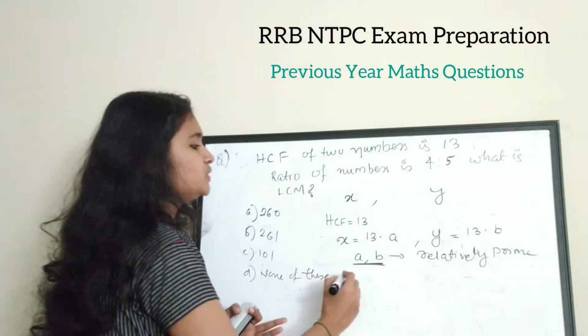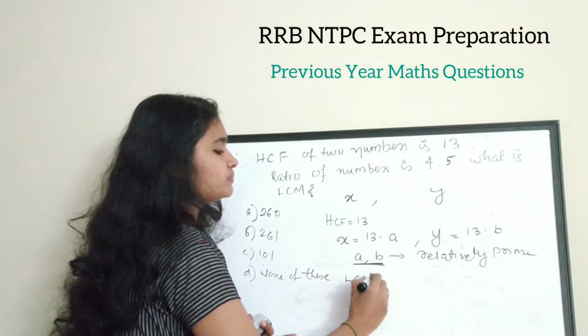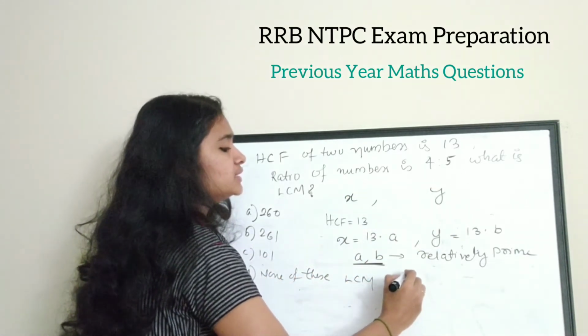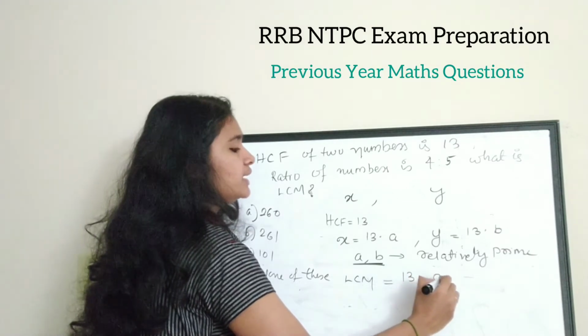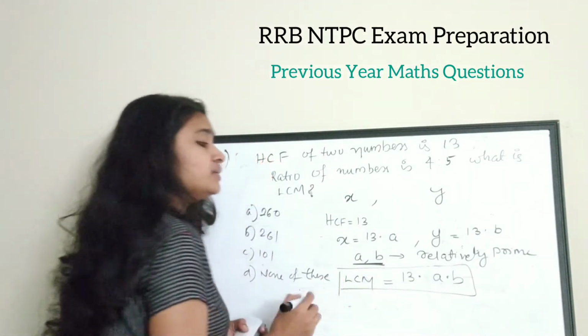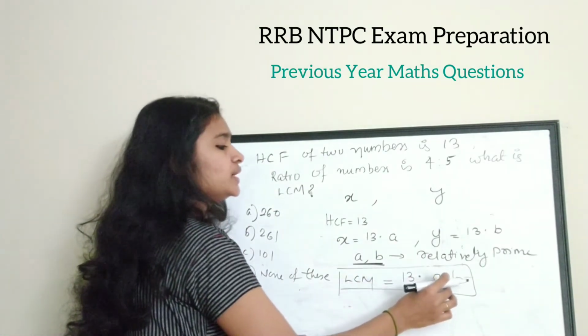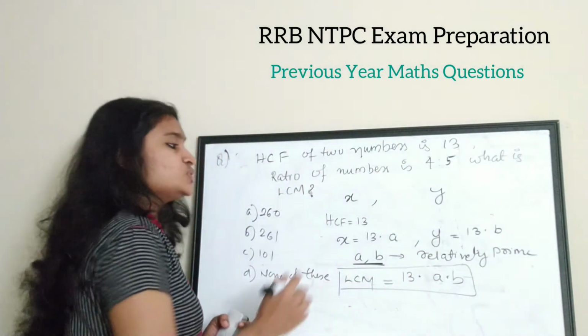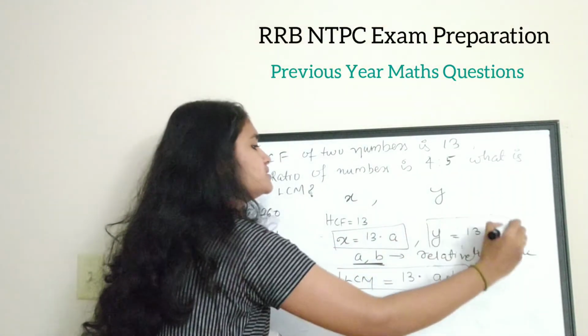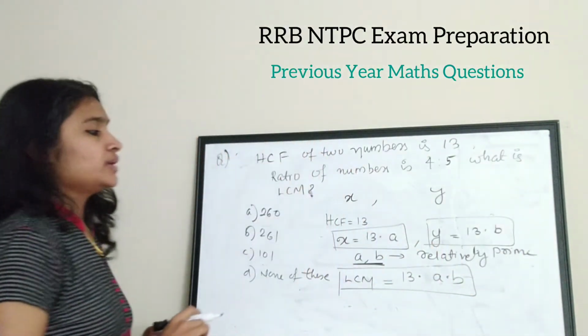And also you can write the LCM of this X and Y equal to 13 into A into B. So the LCM of the X and Y will be equal to 13 into A into B. And also you can write X is 13A and Y is 13B. Okay.